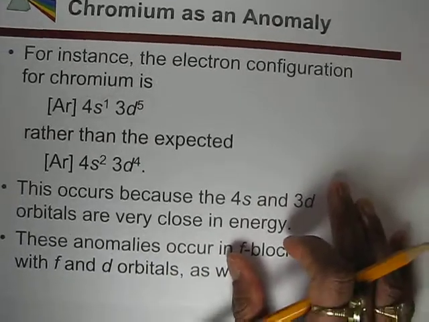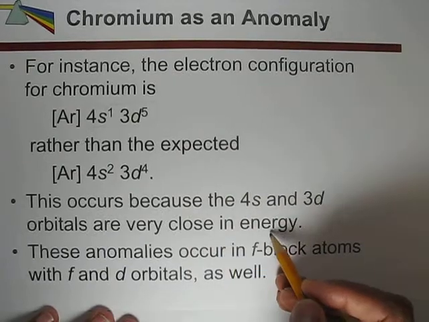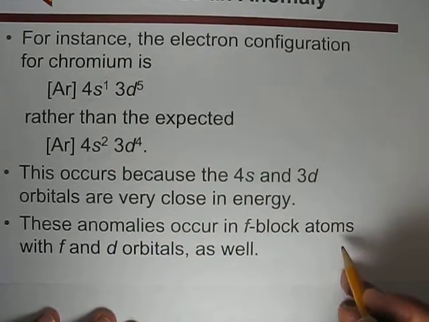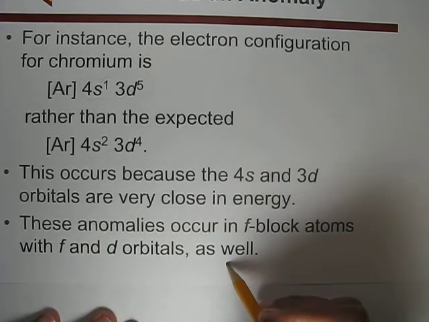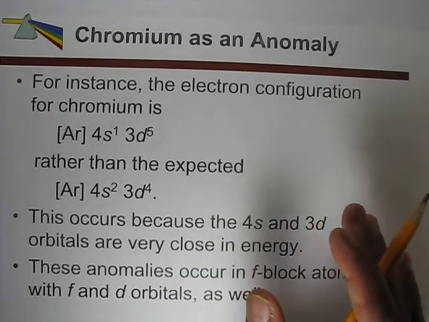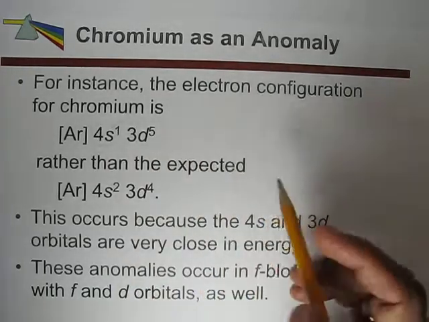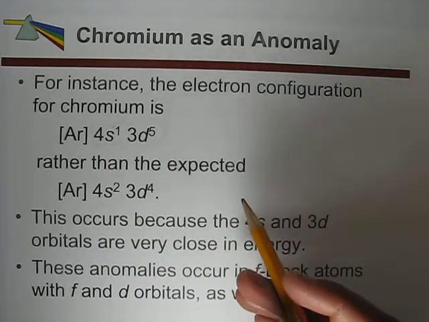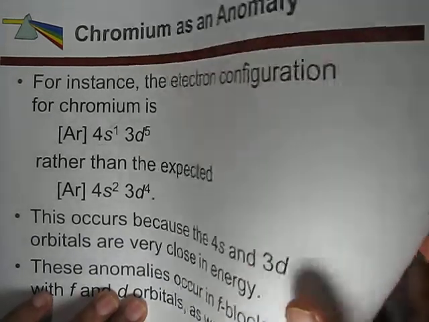This occurs because the 4s and 3d orbitals are very close in energy, and these anomalies occur in f block atoms with the f and d orbitals as well. So d block elements and f block elements have a tendency to move the electron into the very close subshell so that they can attain the stable electronic configuration.